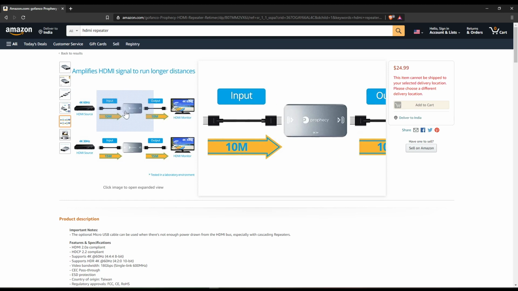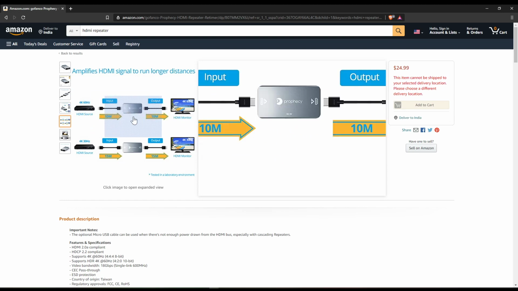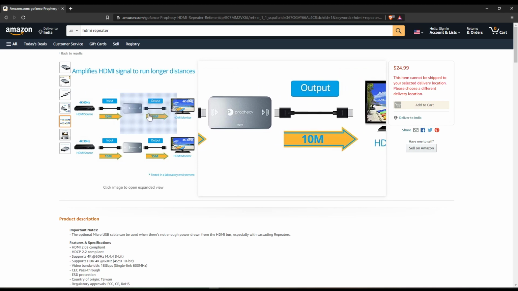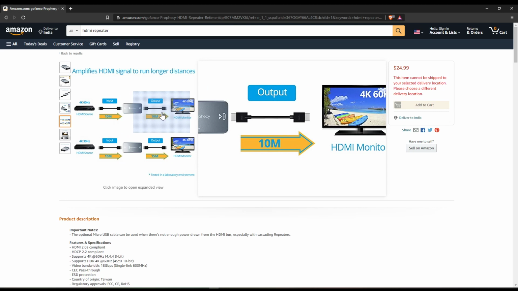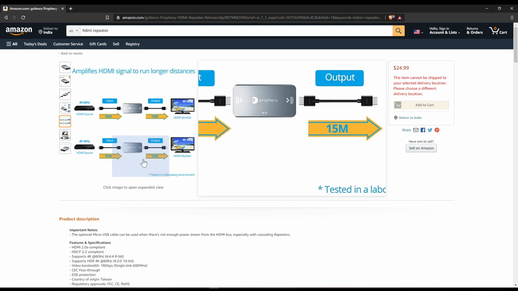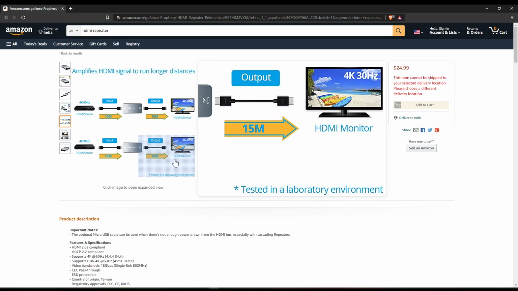In such a case, it is suggested to put a repeater after 10 meters and connect another cable from the other end to the monitor for another 10 meters.